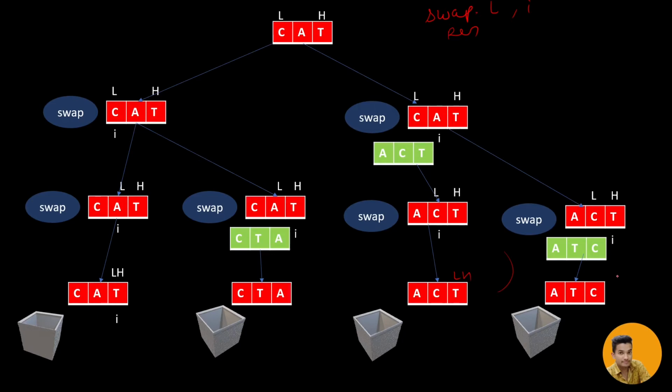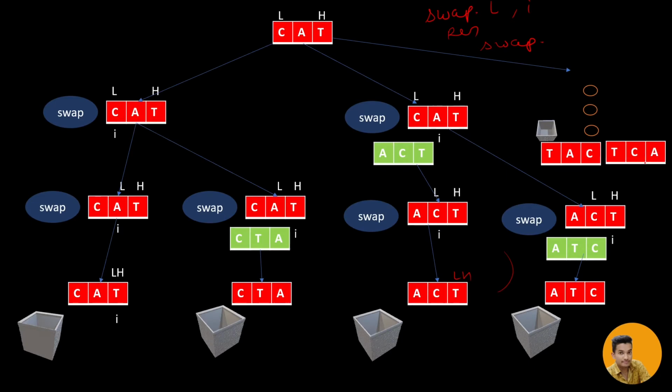Now we'll go back again, and while going back we are again swapping the positions, and this will continue. So TAC, and we will get a new TAC, another one will be TCA, and we will put this in the container like this, which I told.